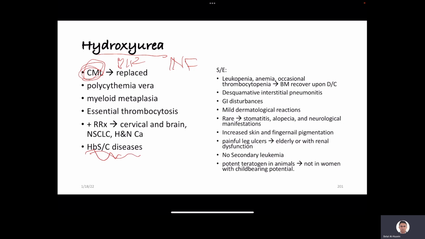Many side effects are reported, like leukopenia, anemia, occasional thrombocytosis, or sorry, cytopenia. Upon discontinuation of the drug, those blood elements levels go back to normal.